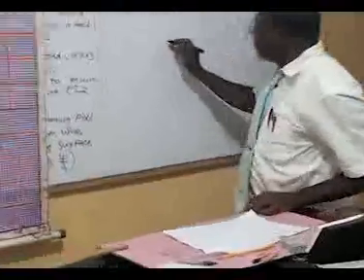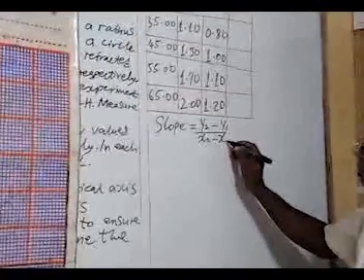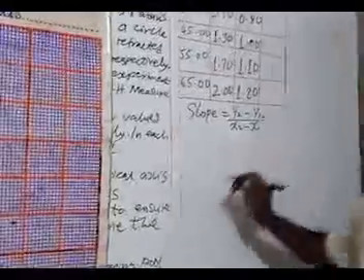Slope is equal to Y2 minus Y1 all over X2 minus X1. Y2 is 1.9.